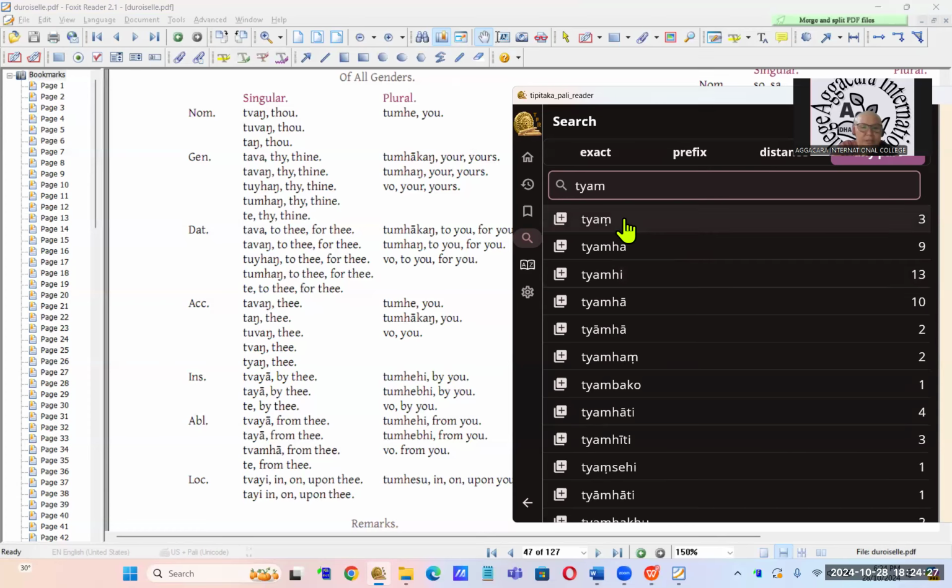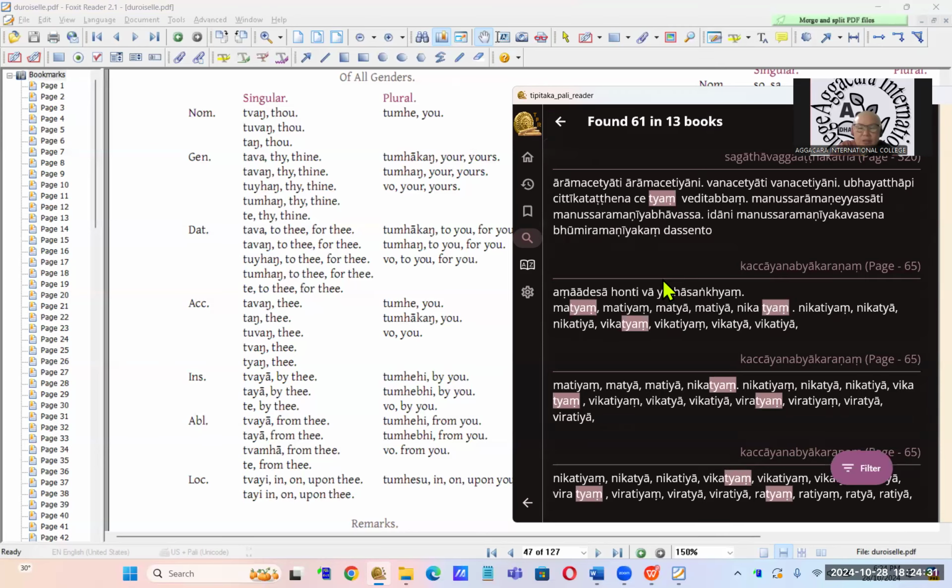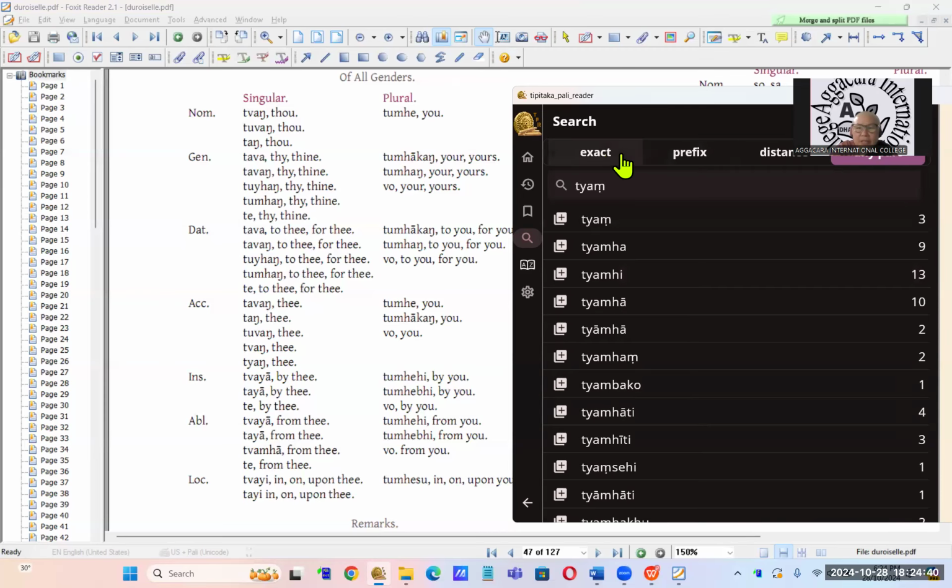Oh, we really have this example, but it's very rare. Three only. Okay, you can see it's very rare. But this is not this one. This is a combination. So maybe do an exact search.